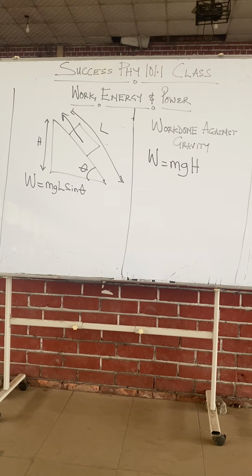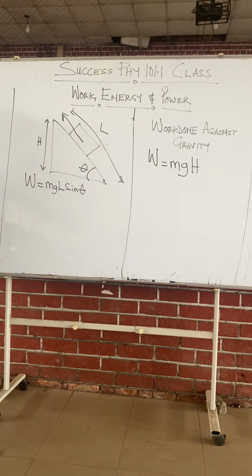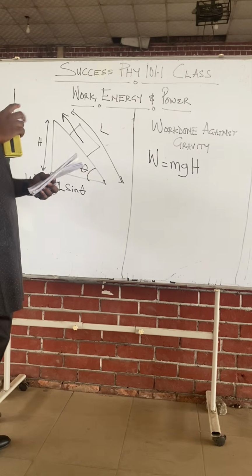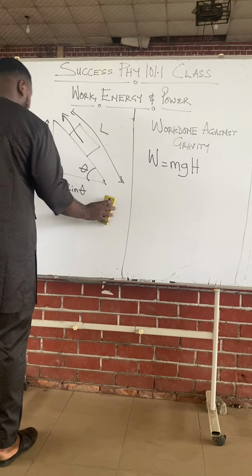A 250 kg elevator cage descends 100 meters within a high-rising building.